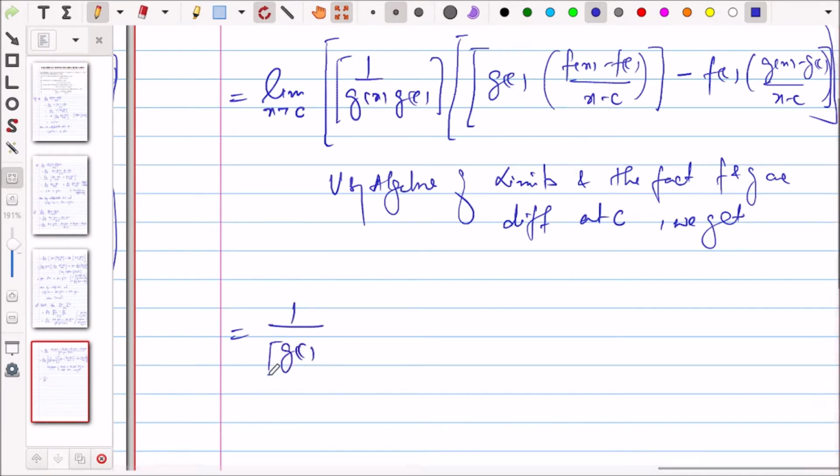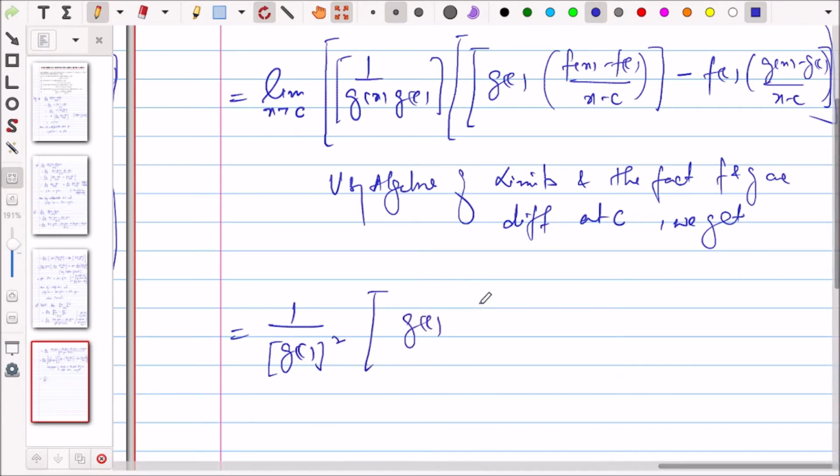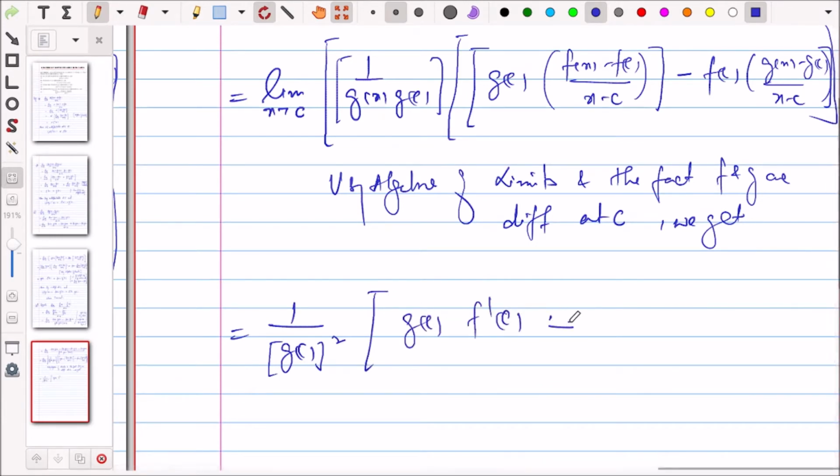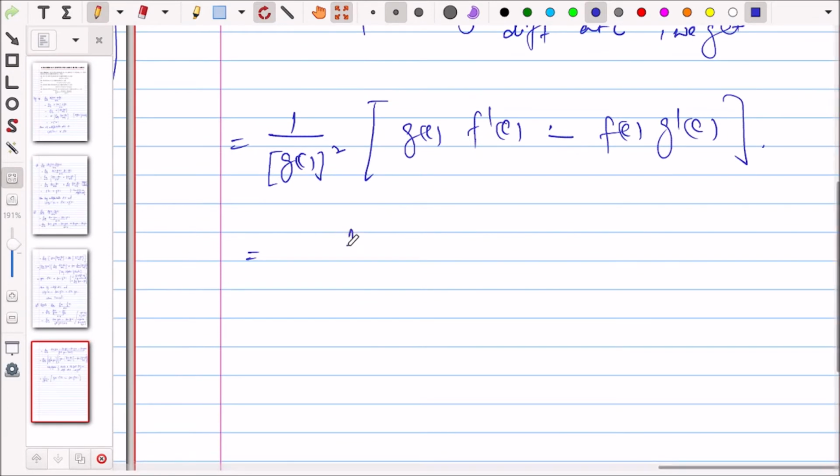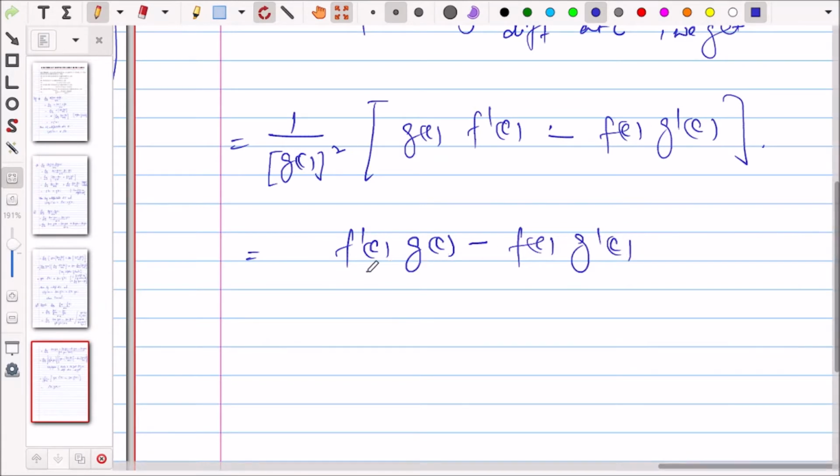So this will become g(c) square, right? This is g(c), this will be f dash c minus f(c) g dash c. So this is your f dash c g(c) minus f(c) g dash c upon g(c) square.